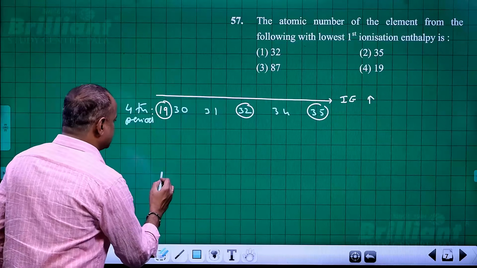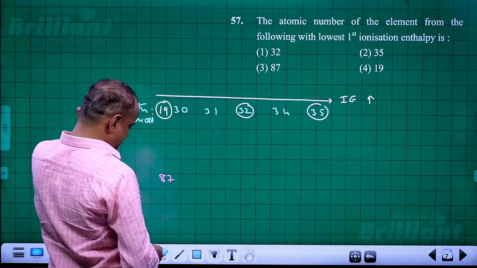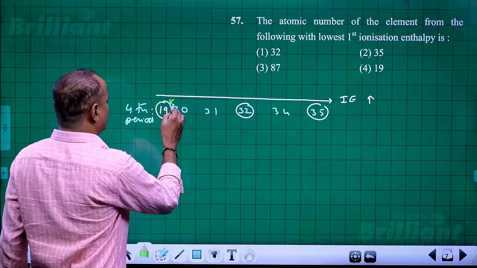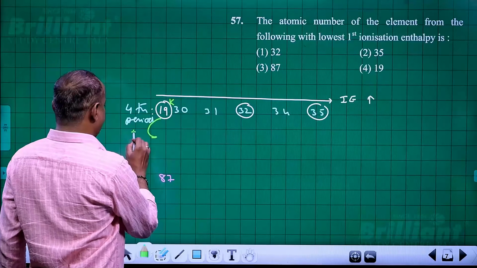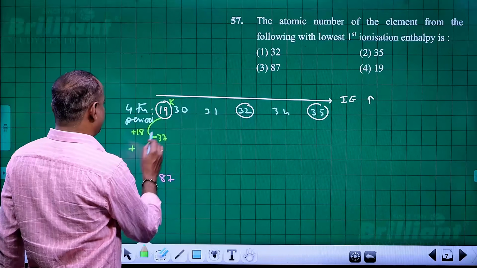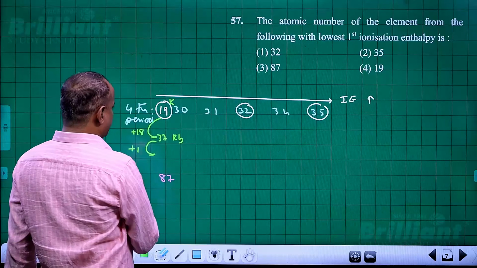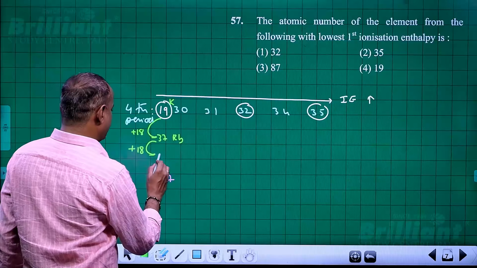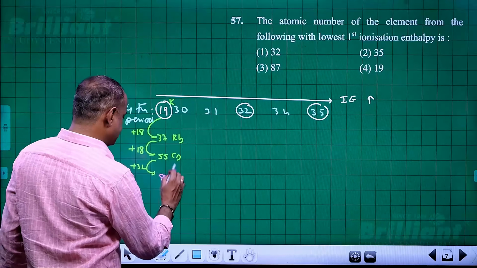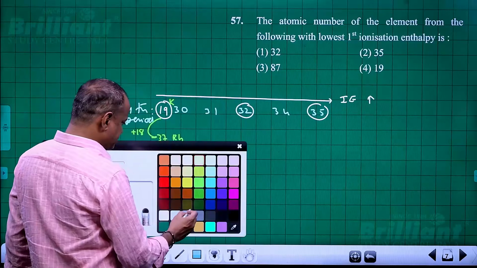So here the last one is cesium. 19 potassium plus 18 gives 37, rubidium, plus 18 gives 55, cesium, plus 32 gives francium, the radioactive element.